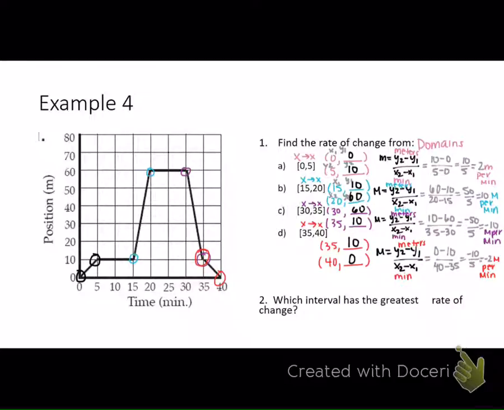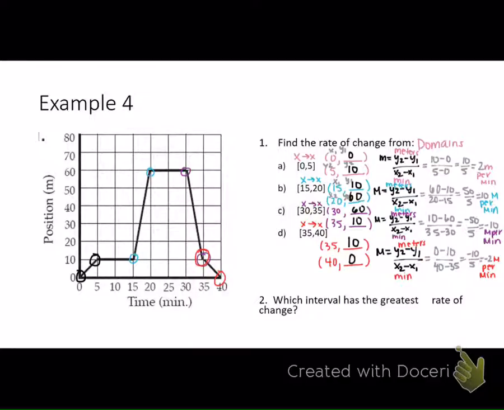Which interval has the greatest rate of change? B, you can see that, but there's one more that has the same rate of change. So is there one that has a greater rate of change necessarily? No. Does it matter that one's negative and one's positive? No. It's still changing by the same amount, right? So they have the same steepness. One's just positive, one's negative.